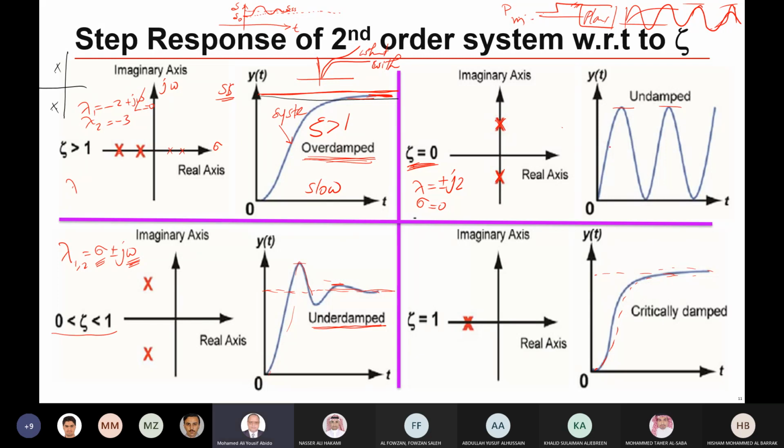The response oscillates around the steady state value without any damping. So it is in the middle of the sinusoid. Yes. Okay, thank you.